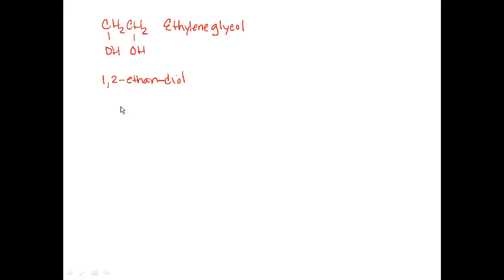I believe in the new system this would be called ethane-1,2-diol. So either system would work. If you have more than one OH group in a non-cyclic alkane, you can write it either way. This first one is actually my preference.